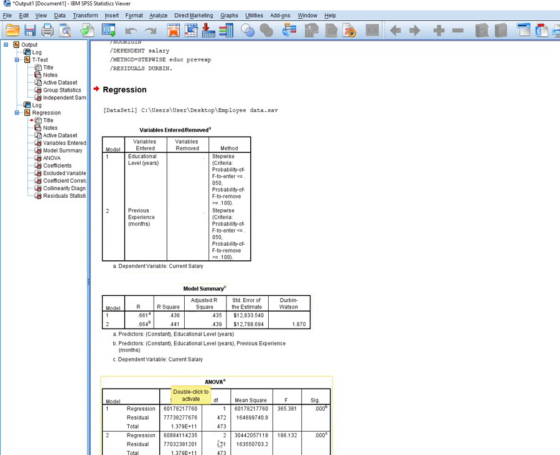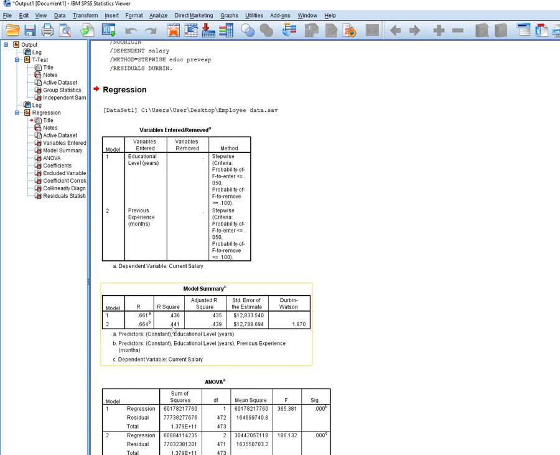So what is the coefficient of determination when only education was entered? We can say education alone can explain 43% of someone's salary, while the combination of both education and previous experience can now explain 44% of changes in someone's salary.